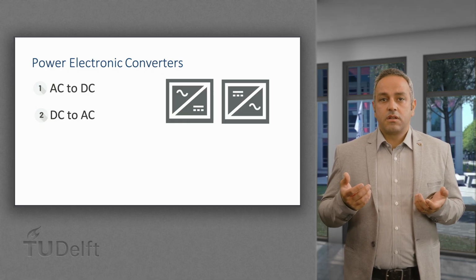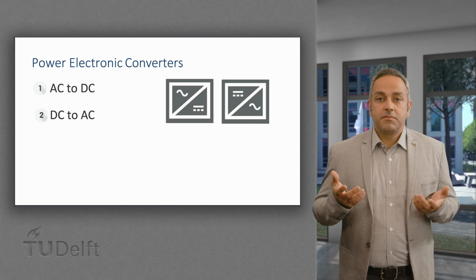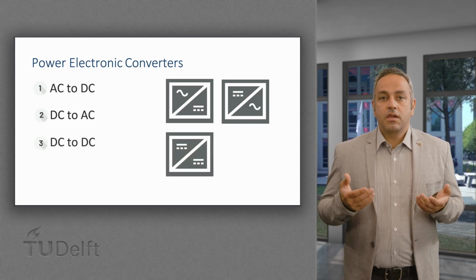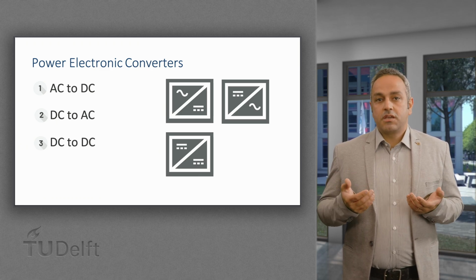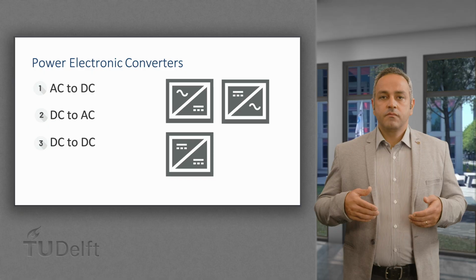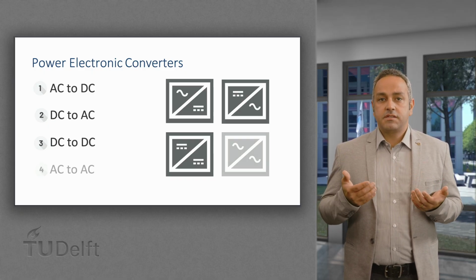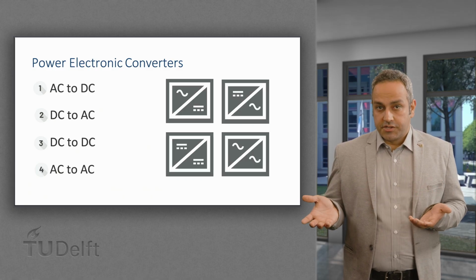Power converters also allow us to adjust the output voltage level so that a load can be connected. For example, a DC-DC converter is used to increase or decrease the output voltage with respect to the input voltage. A DC-DC converter is analogous to the AC transformers that we discussed in our first lecture.